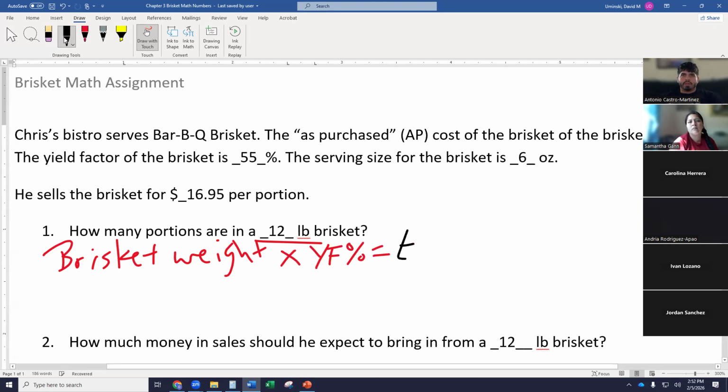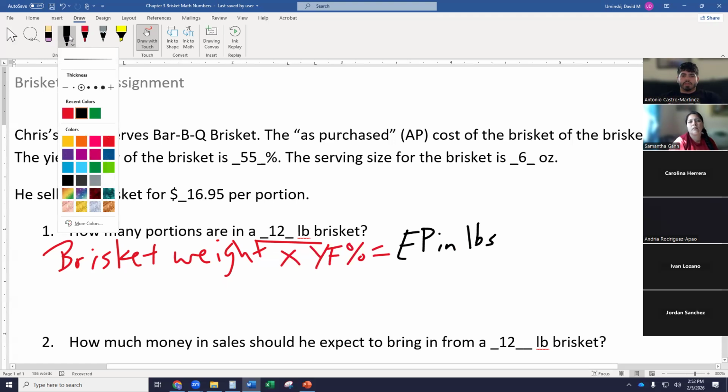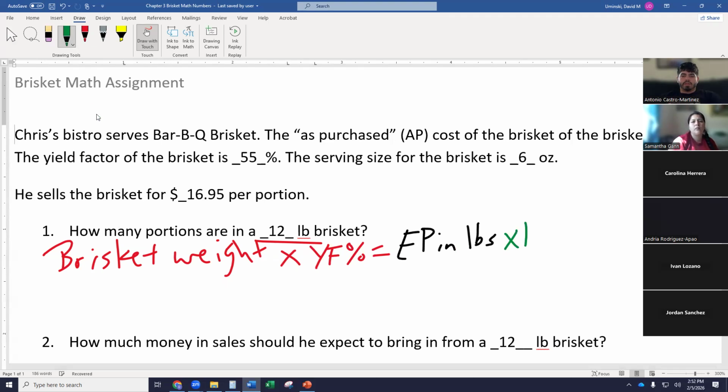That will give us our edible portion in pounds. Then we are going to multiply by 16 ounces, and I'll tell you why in just a moment. Multiply by 16 ounces, and this will give you your edible portion in ounces. And then lastly, we're going to divide by the serving size.